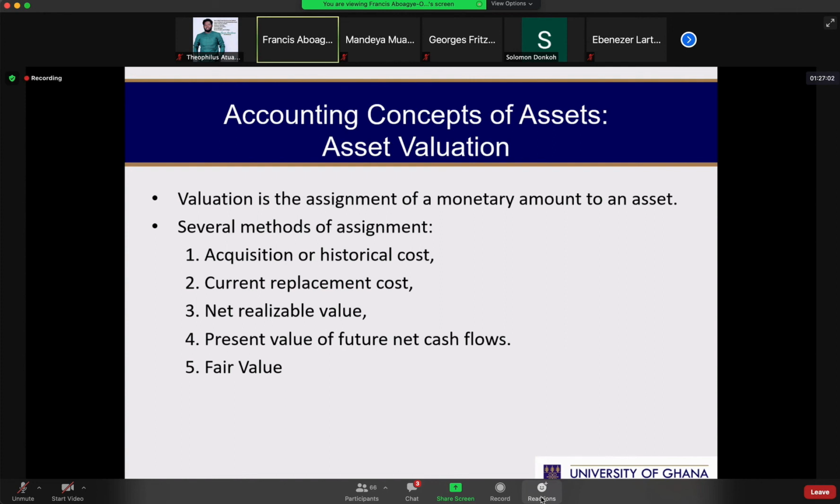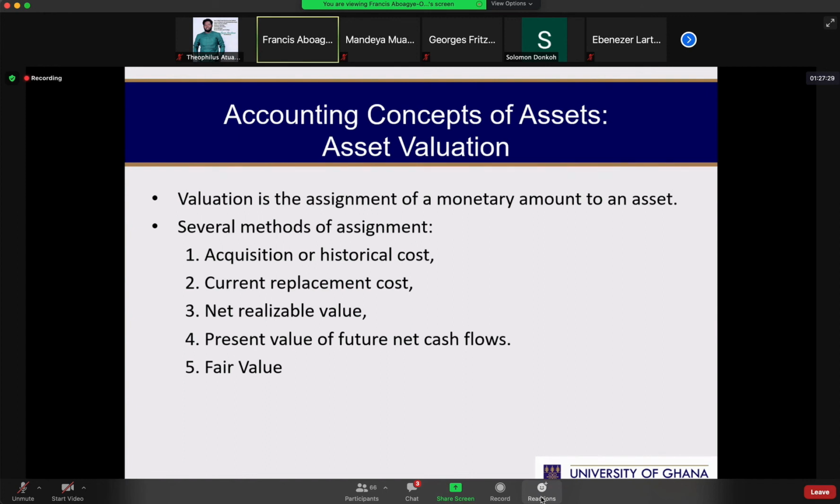Okay? So if you know the cost of capital, what you do is to use that to bring it to today's terms. So we talk about the present value. So if somebody is going to pay you 10,000 in a year's time, it's different from if they pay you 10,000 now. Because if they paid you 10,000, you would have invested it and made a return on it.